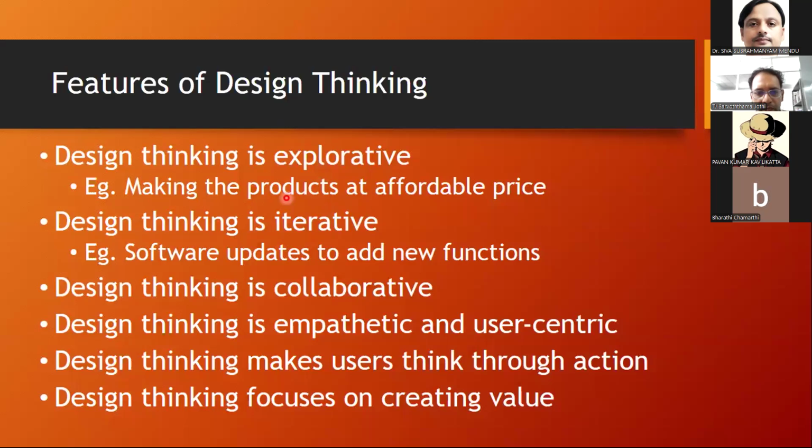So it is an iterative process, and it cannot be done by a single person. When you are starting a company, you will be working with 2-3 people. So it has to be collaborative work, and it should be empathetic, as I told in the first stage, and user centric. We have to get feedback through various actions, and we should be able to create value for the end users.